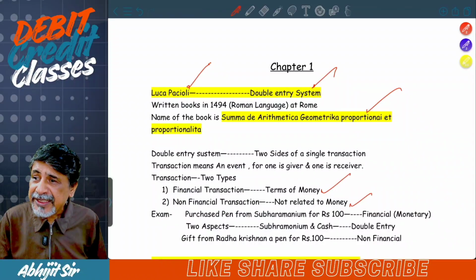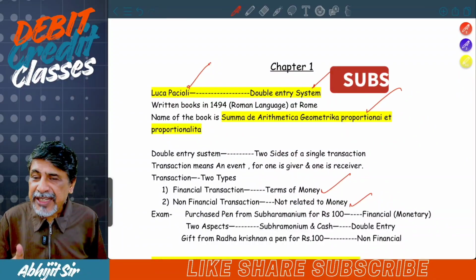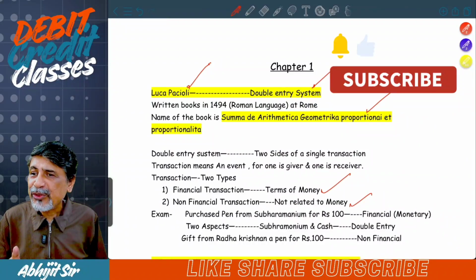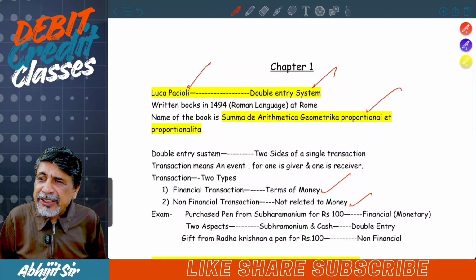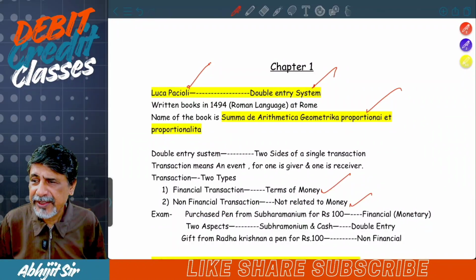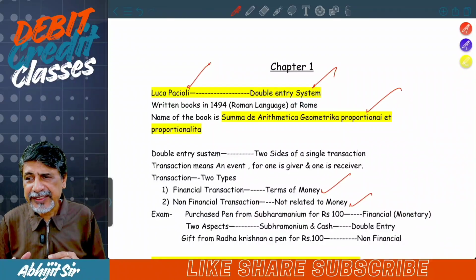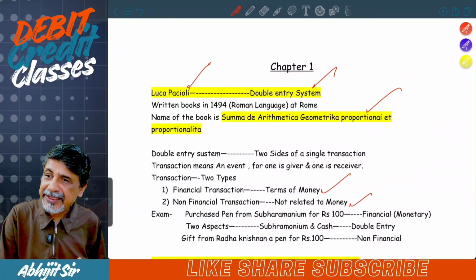So this is the double entry aspect: one side of the transaction, another side of the transaction.